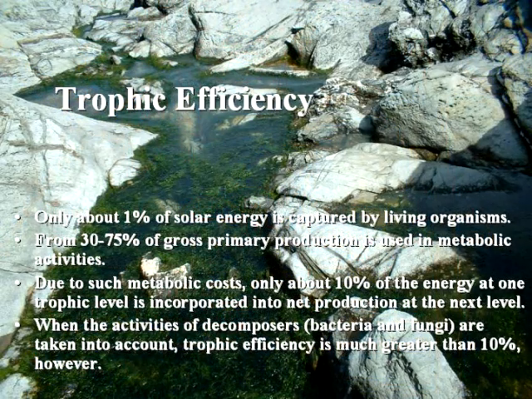Now within these food webs, as energy is passed from one trophic level to the next, a lot of that energy gets dissipated. All of the energy that is captured by consumers is not passed to primary consumers, for example.